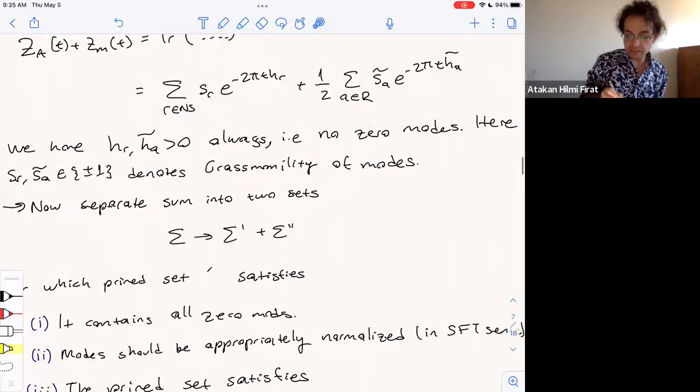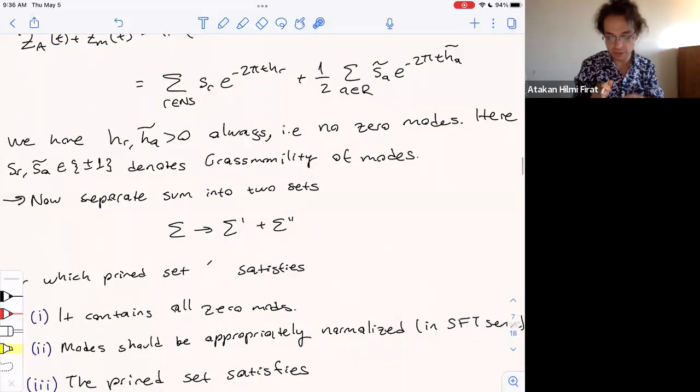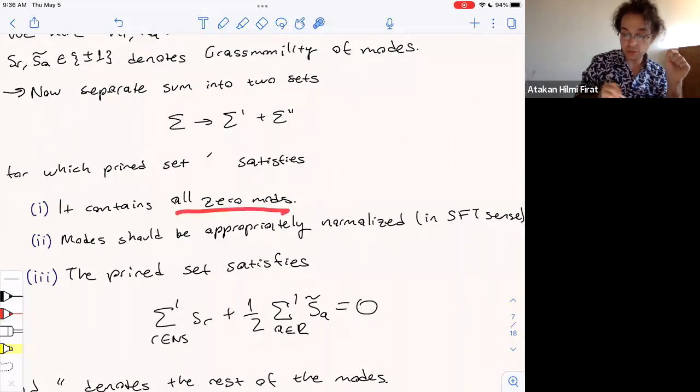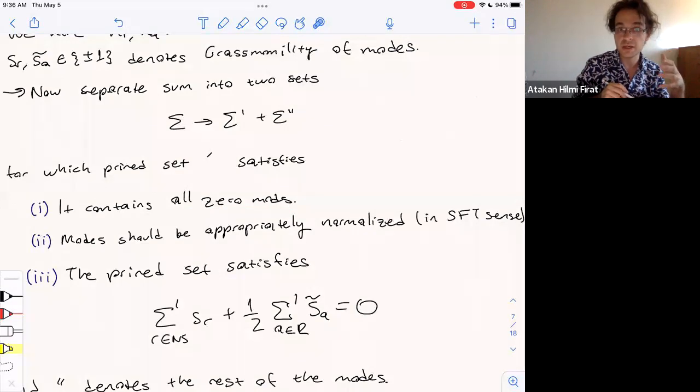So let's separate this sum into two parts, which I will denote by prime and double prime, and demand the following for the prime set. For the prime set, I will take all zero modes. When I say zero modes in this situation, of course, there are no zero modes with this deformed boundary condition, but when I remove that deformation, there will be modes that have zero weight, and I'm going to include those modes in this prime set.